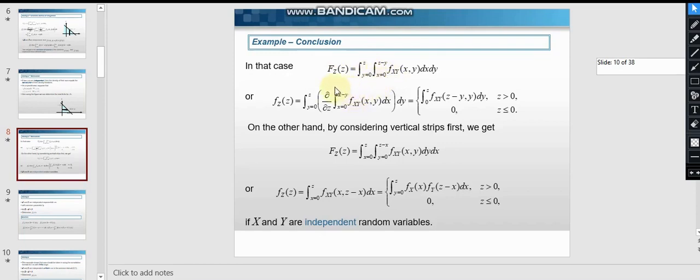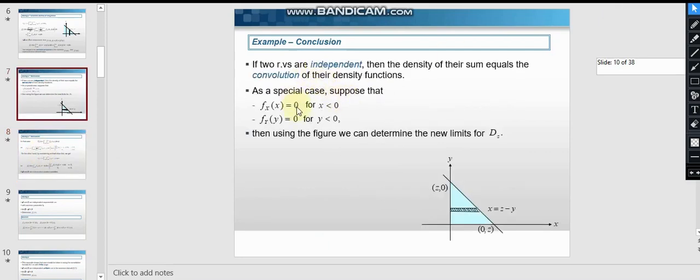Now here in this example, if x is less than 0 and y is less than 0, then we can write that the new random variable z should be less than 0. So in this case the limits would be along this strip.